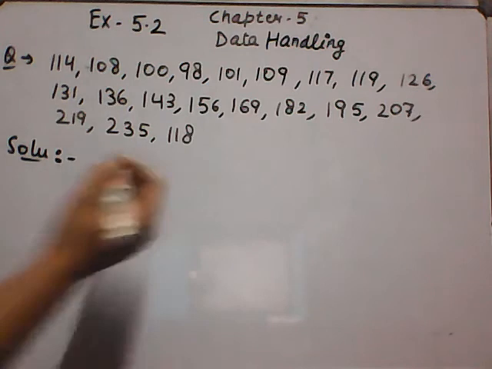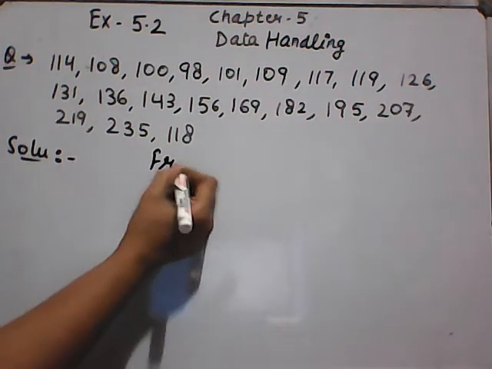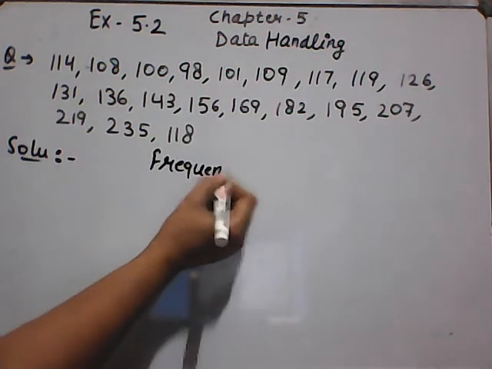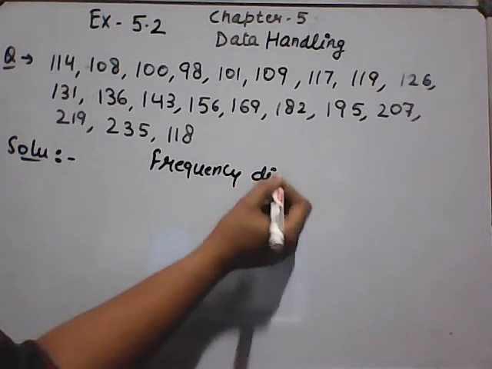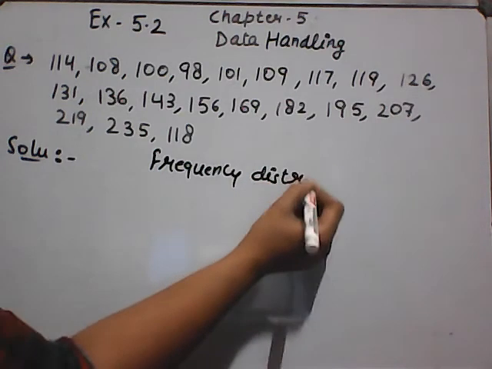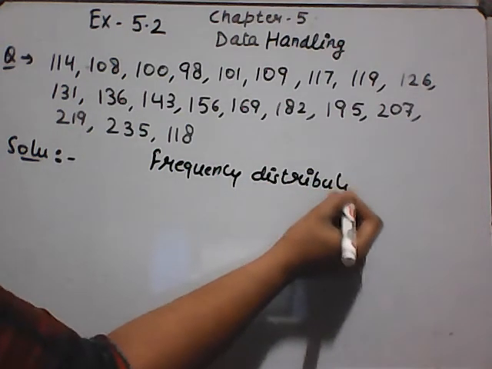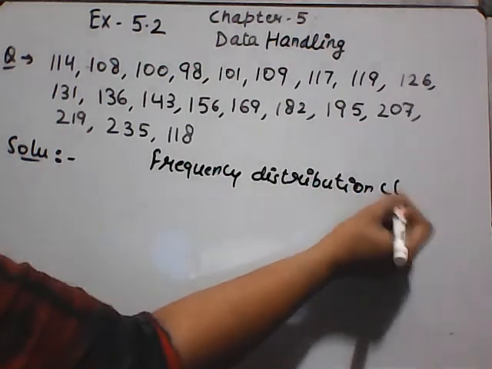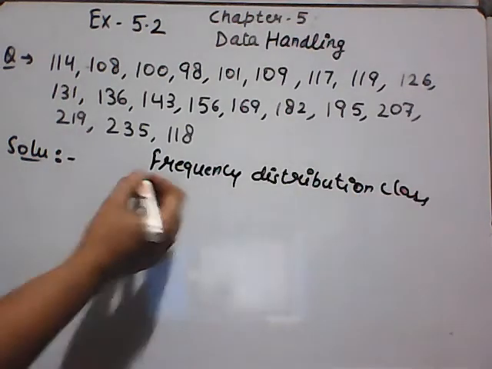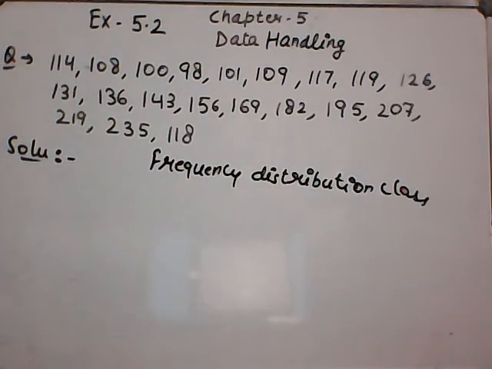For a histogram, we have to prepare a frequency distribution table. In the first column, we have to take class intervals.